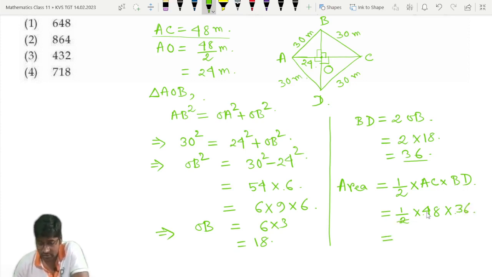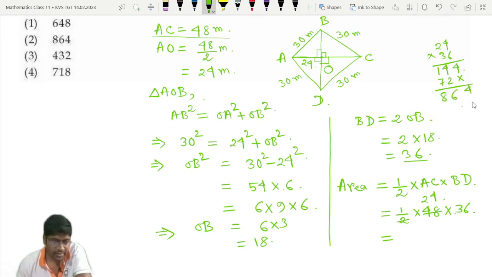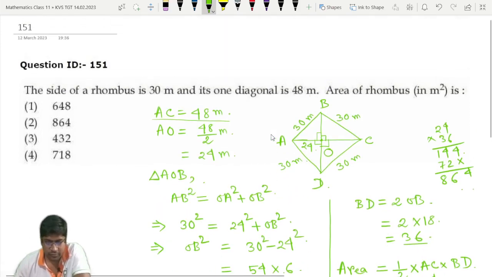So just do some calculation. 24 into 36, just multiply them. 6 4 24, 6 2 12 and 2 14, 24 3 72. So 864. Is there any option with 864?